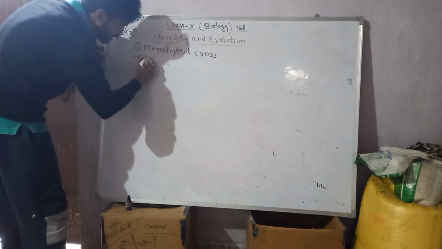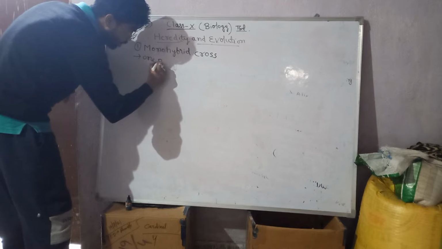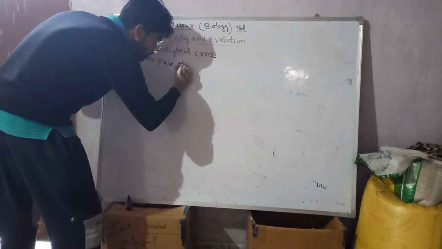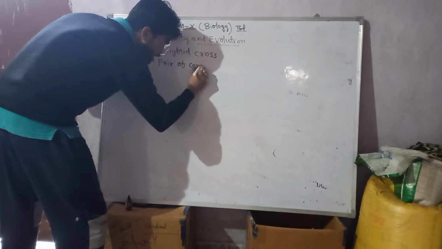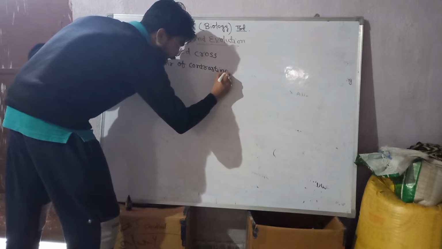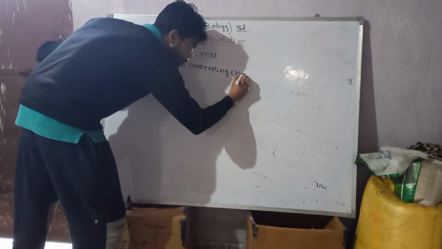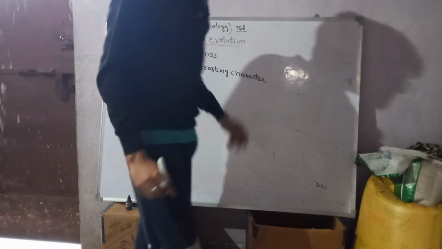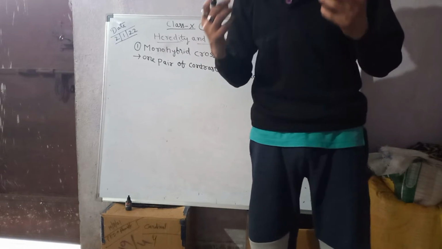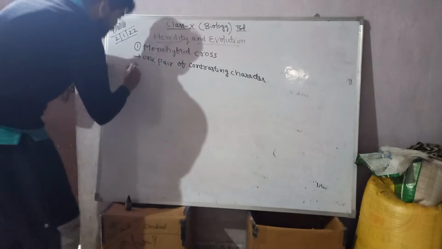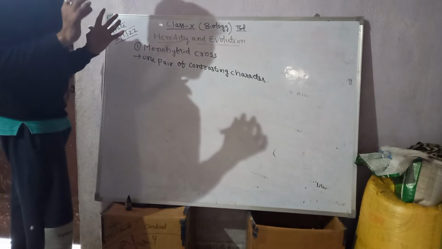When one pair of contrasting character, when one pair of the contrasting character or trait is taken for doing the experiment. Here in the case of the pea plant, as you know, there are 7 contrasting characters.